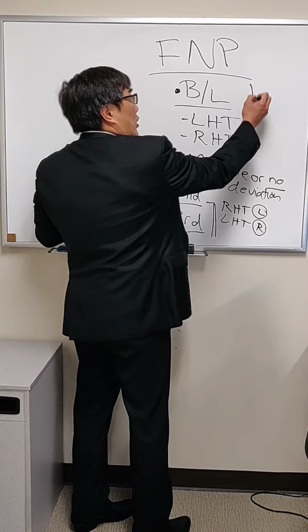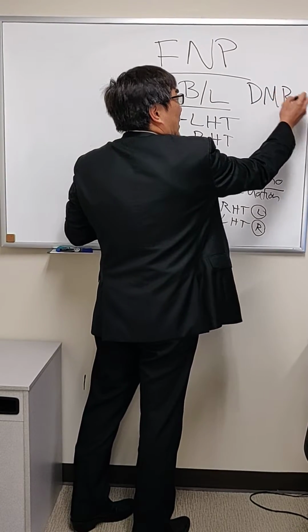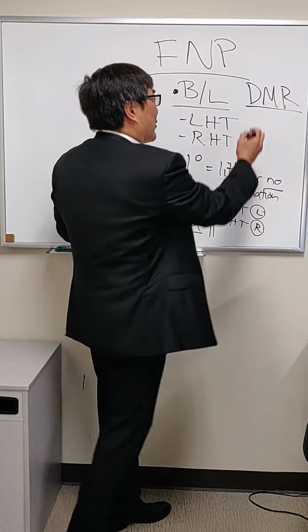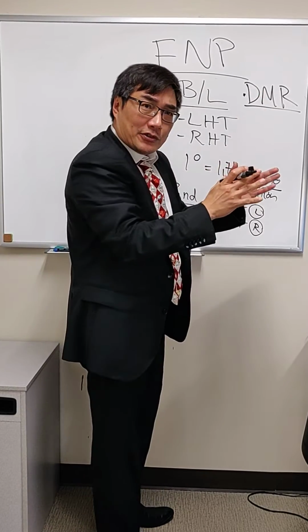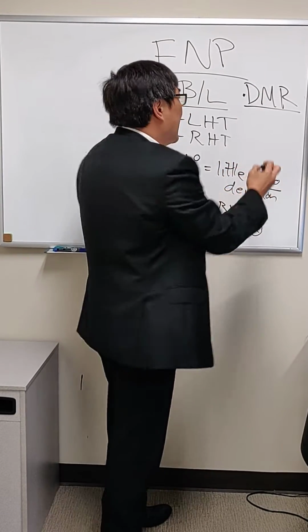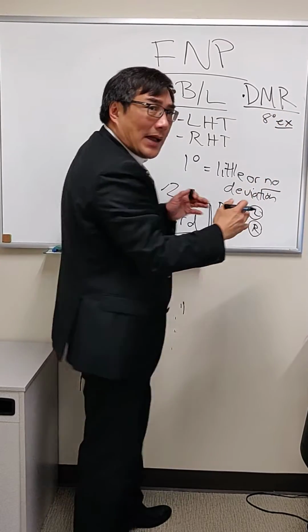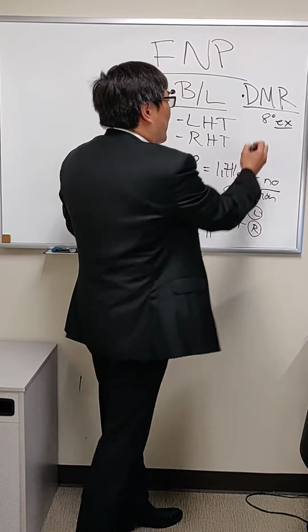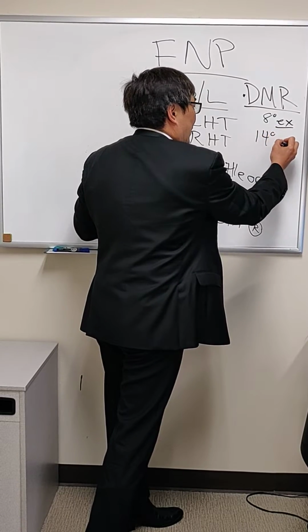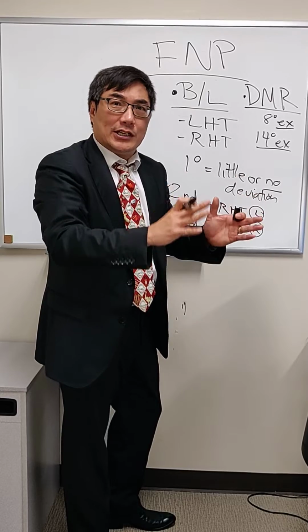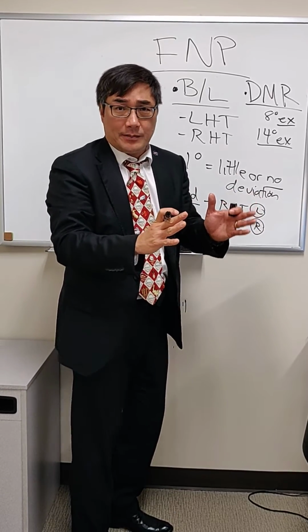And finally, as you know, we measure the torsion with the double Maddox rod test. In a unilateral fourth nerve palsy, we're really expecting single-digit numbers of the X cyclotorsion. So if you have a number like 8 degrees of X cyclotorsion, that's compatible with a unilateral fourth. But if we have 14 degrees of X cyclotorsion, that's way too much for a unilateral fourth nerve palsy and suggests that you have a bilateral fourth nerve palsy.